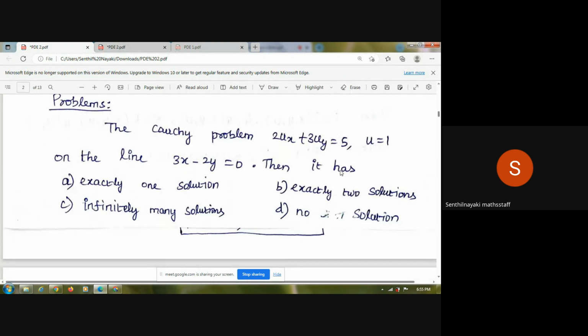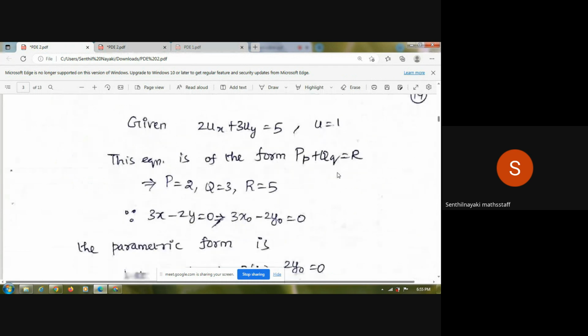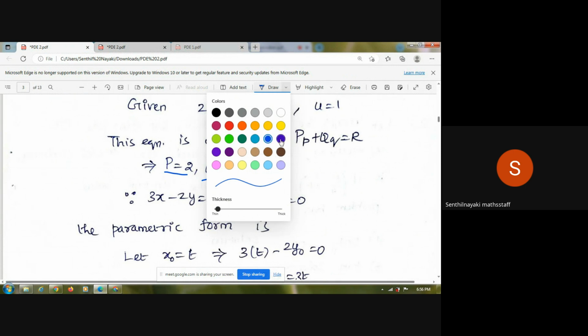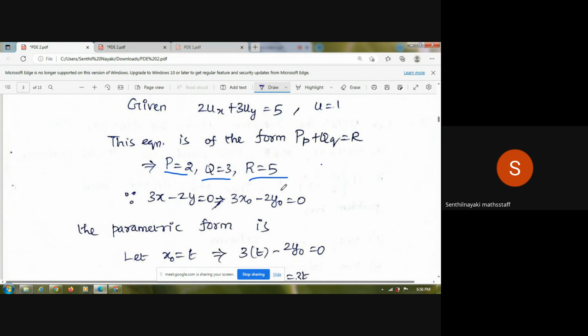Okay, yes. So from this equation, the P value is 2, Q value is 3 and R value is 5. And from this equation 3x minus 2y, we can write 3x naught minus 2y naught. Here you have to listen carefully: instead of x, I am writing x naught, instead of y, I am writing y naught.